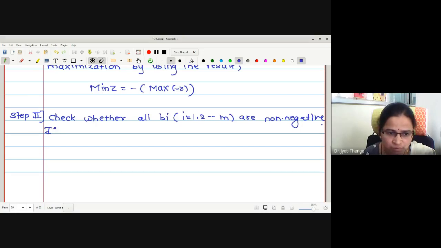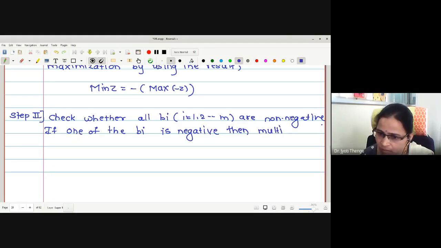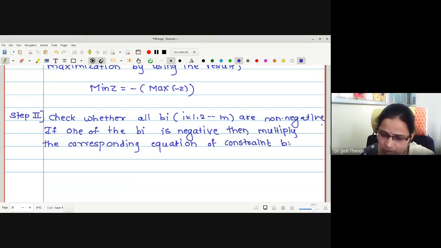If one of the b_i is negative, then multiply the corresponding constraint equation by -1. Okay, this is the second step.